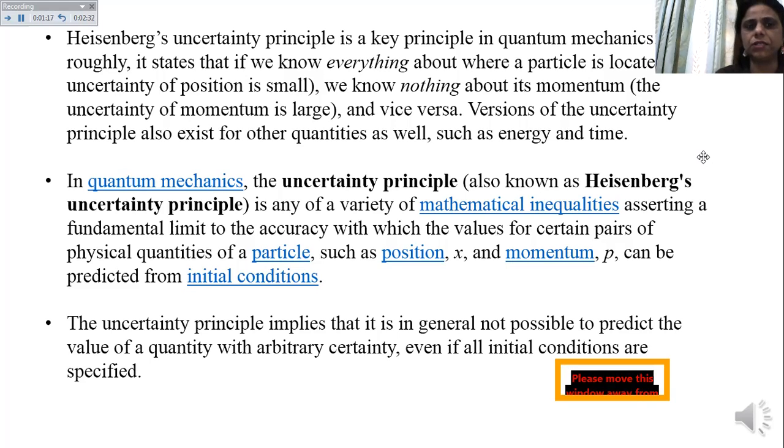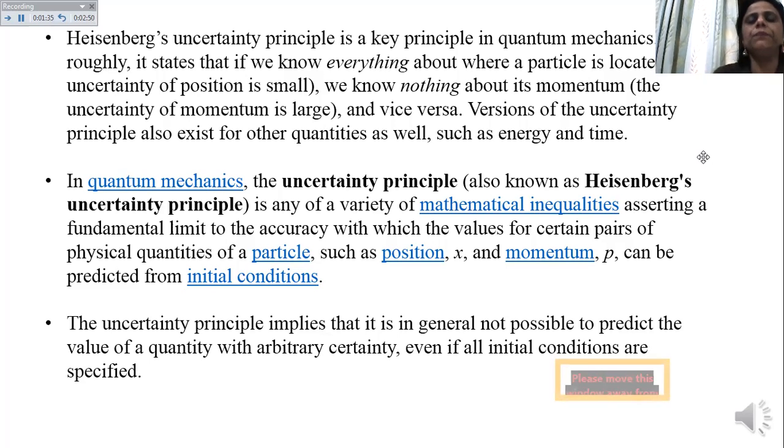But Heisenberg states that whenever we are going to study these two factors, that is the position and momentum, we are always uncertain. Uncertain means we are not sure about both the things simultaneously.